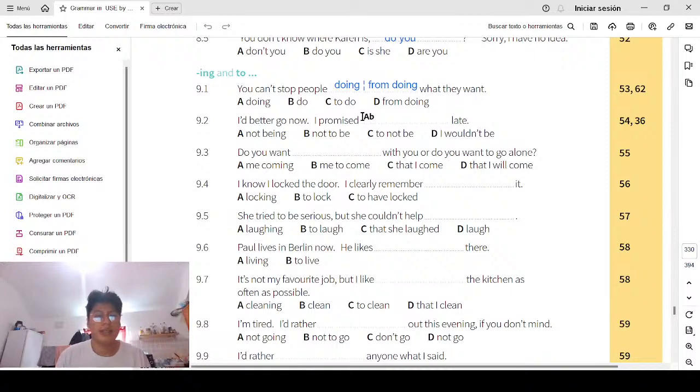It's not exactly the verb, because with -ing verbs we are using a verb as a noun. I can stop people doing what they want, or from doing what they want. Doing is more like an object in this case. It's not a verb.